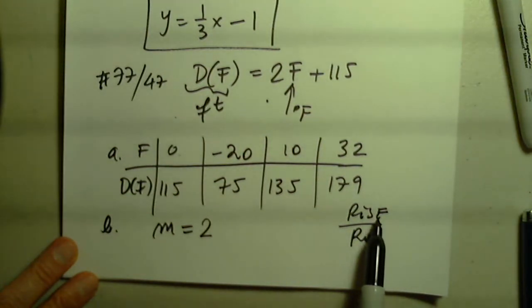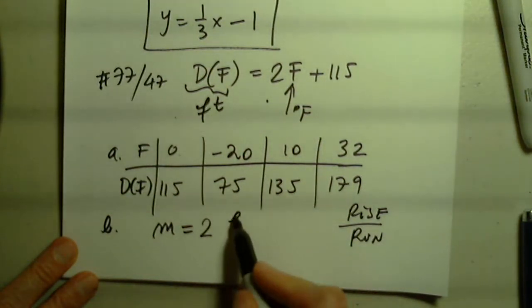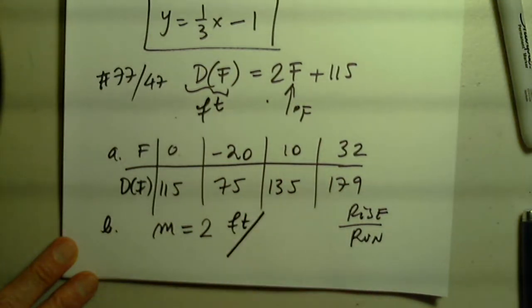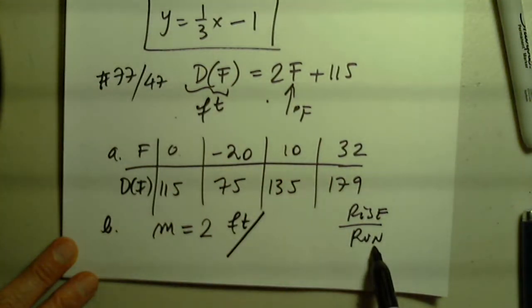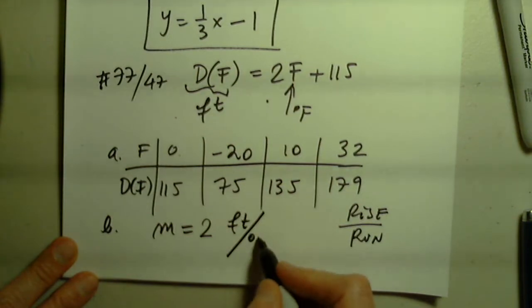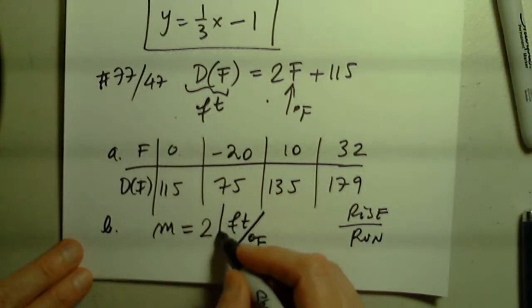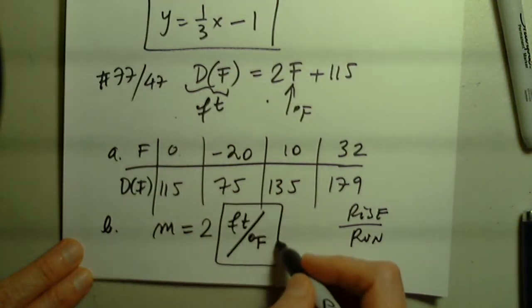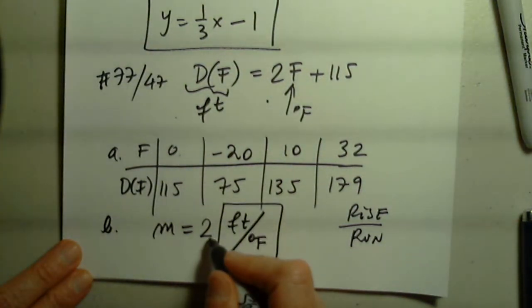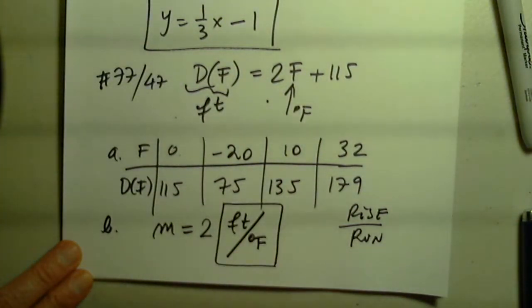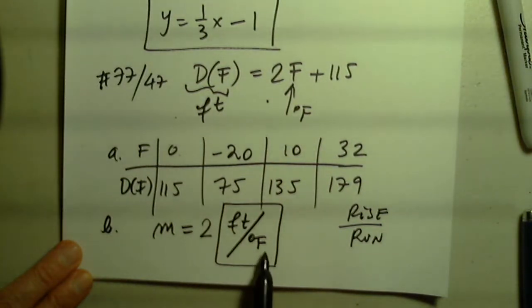Oh, and that's y, so that would be the distance. Feet, yes. Per degree Fahrenheit. So please understand, without this, 2 does not mean anything. It's exactly 2 feet per degree Fahrenheit.